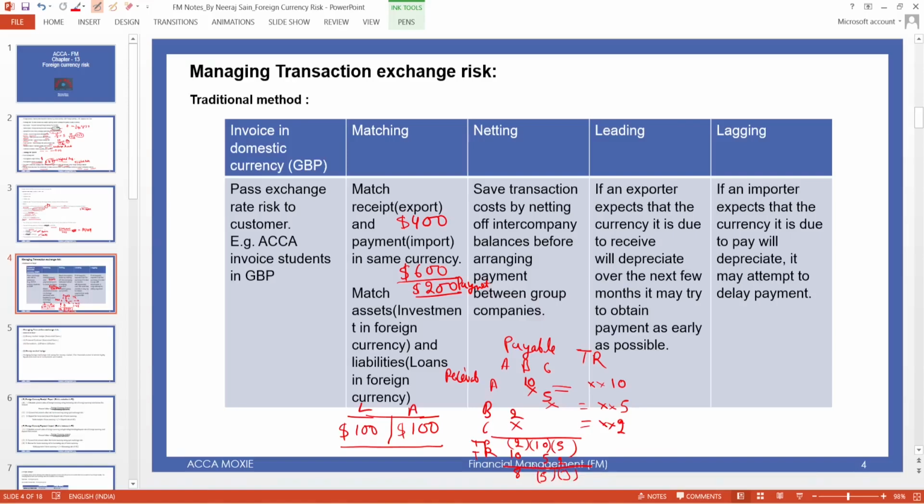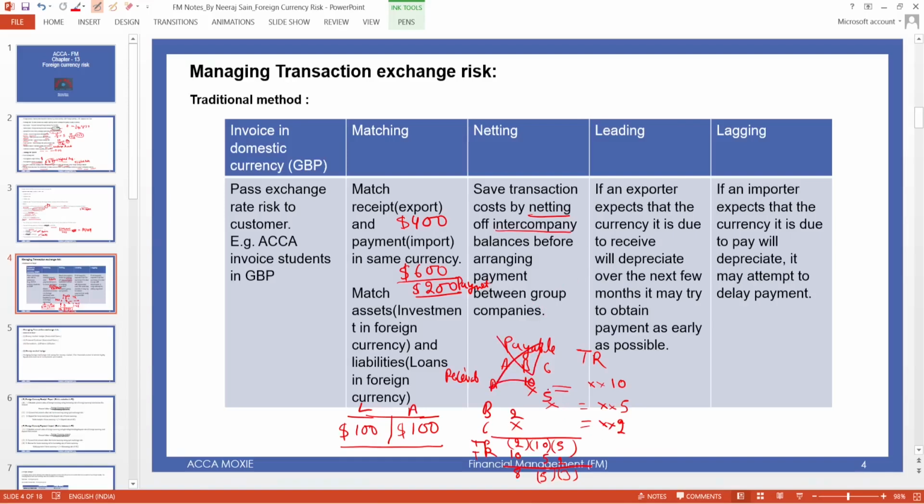So for the group, as a company, this transaction is netted off and you have to only pay the net amount. Okay, so why they do this? So that the intercompany balances cancel each other and only the net amount they have to pay. Okay, this is called netting.